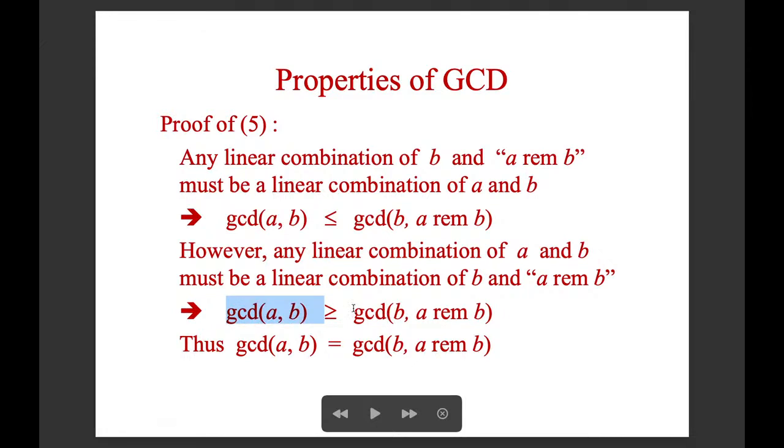So this GCD here is smaller than or equal to this part. So done. It is easy.